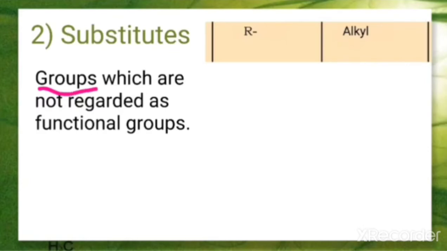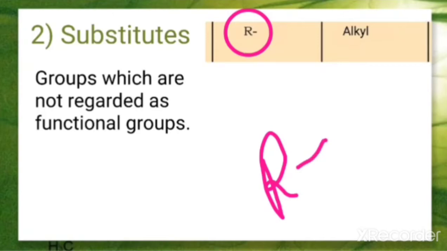Let's talk about the alkyl group. An alkyl group is generally represented by a capital R. We represent the alkyl group by capital R, and the line is shown like this: R with one line written.